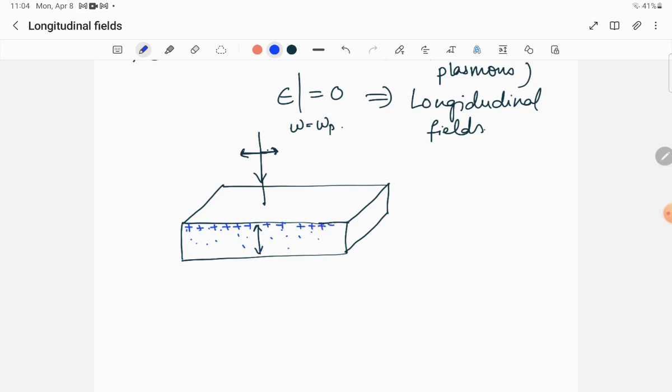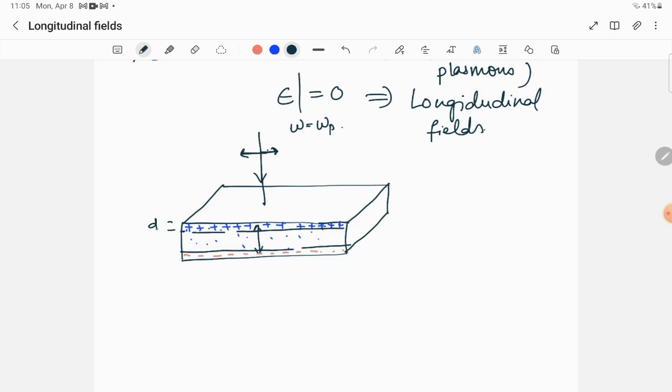So the plus charge is here and the negative charges at the bottom. So it is like a layer of plus charge and a layer of minus charge, which is generated, and it keeps on oscillating of course, because it is an electromagnetic field.